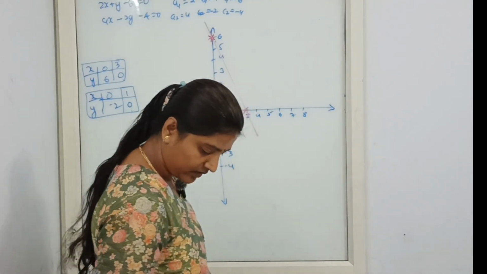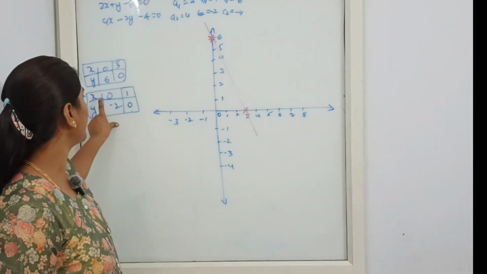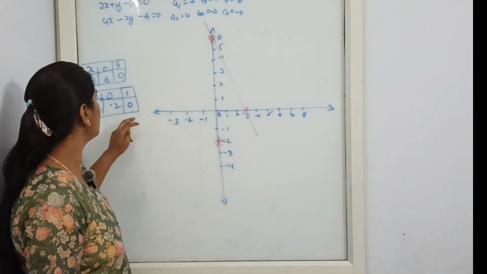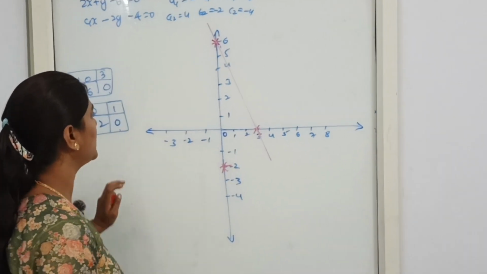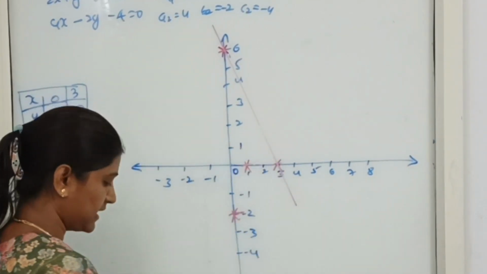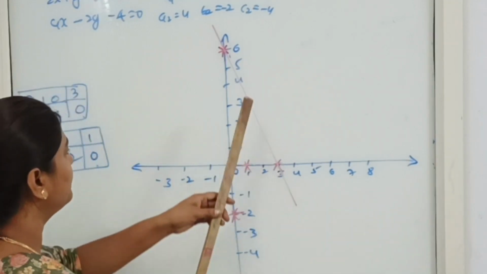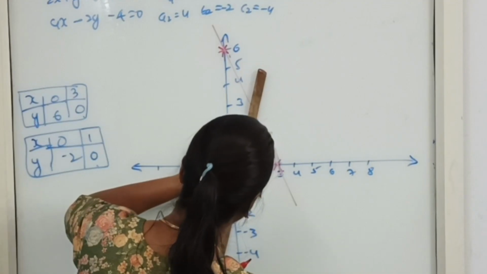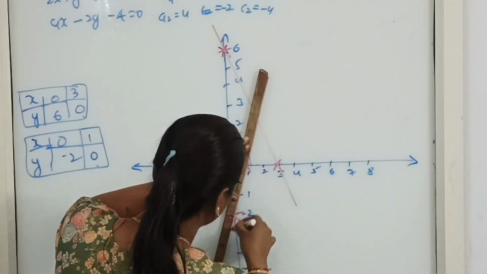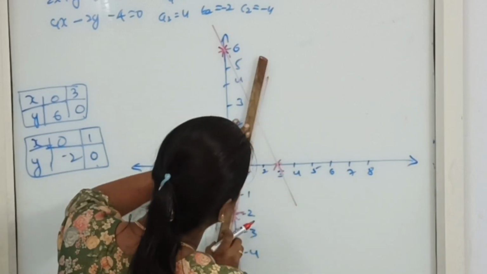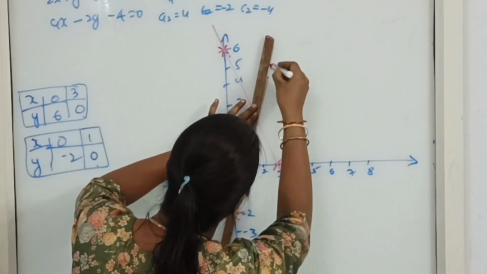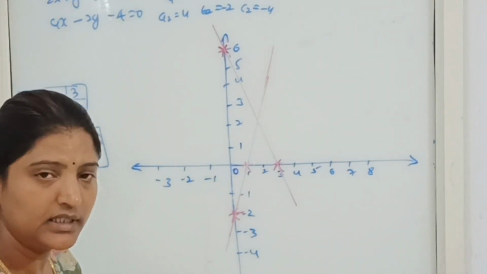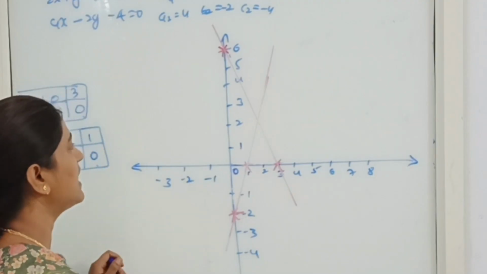Now the next equation: if x is 0, y is minus 2, so it lies on the y axis. And if x is 1, y is 0, so it is on the x axis. Join them. You can see what we interpreted: they are intersecting, and the graph also shows intersecting lines.